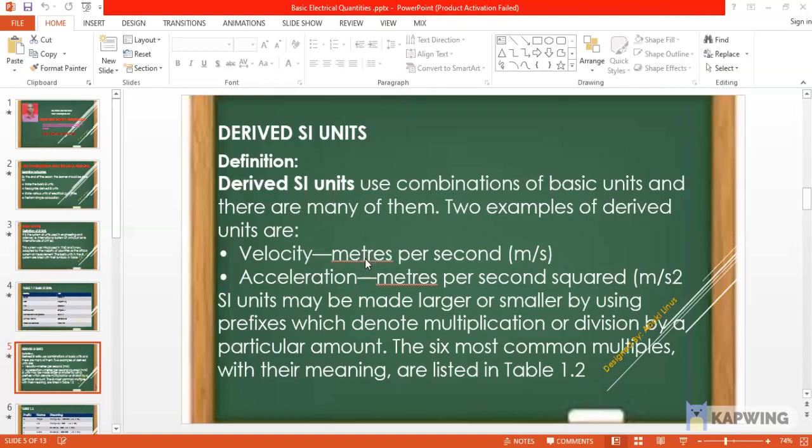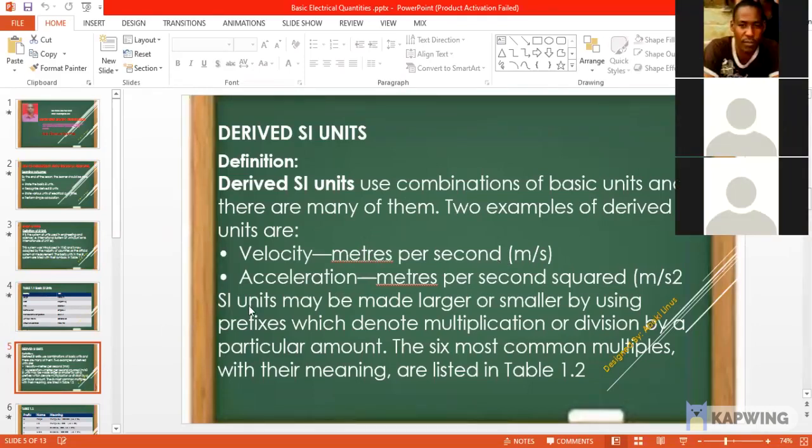We also have acceleration, which is given as meter per second squared.